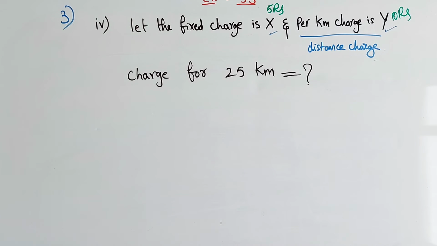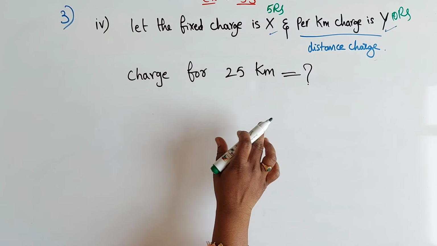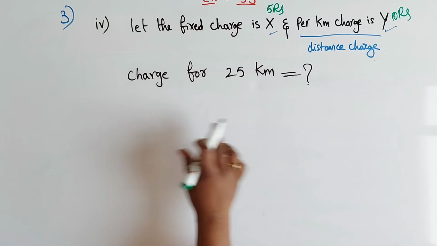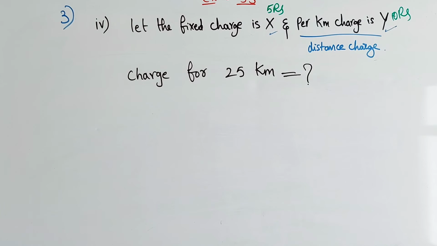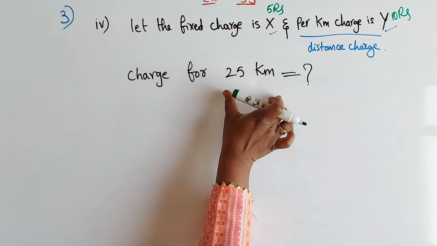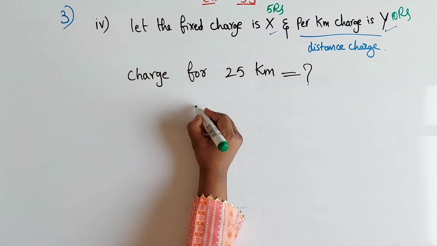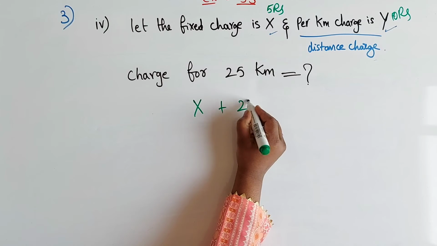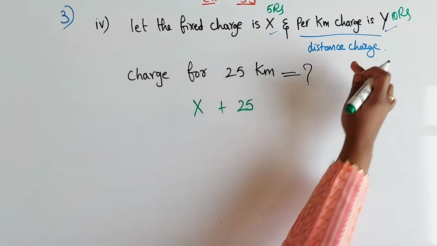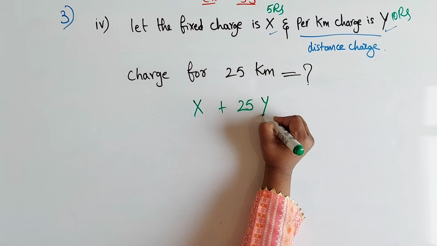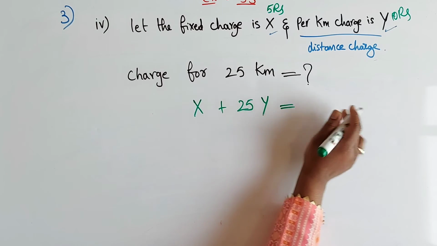In the same question, they are asking how much does a person have to pay for traveling a distance of 25 kilometers, children. That means he is traveling a distance of 25 kilometers and he has to pay the fixed charge also. x plus 25 kilometers is the distance and the per kilometer charge is y. Right? This one we have to find out.